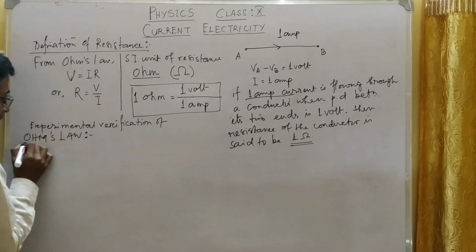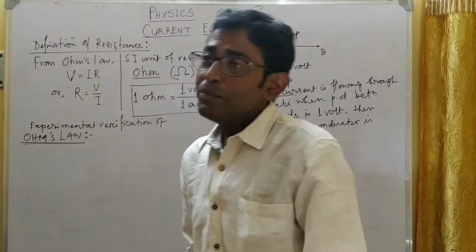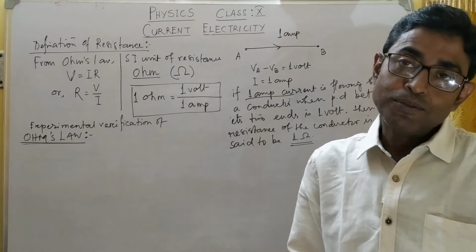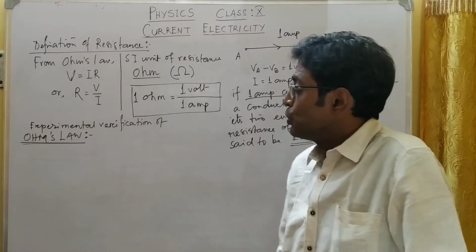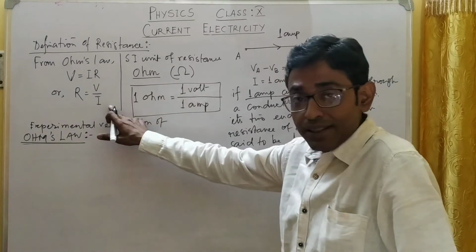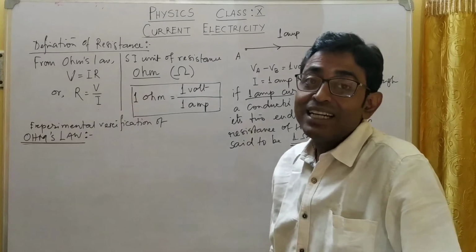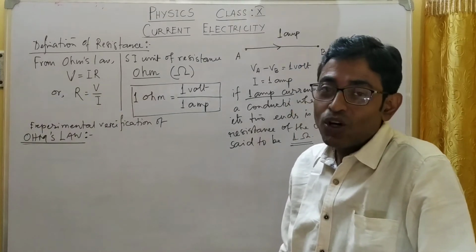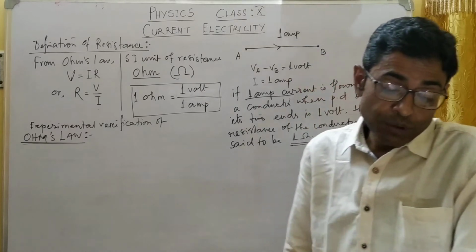In class 10 you should have done this in your practical class. So remember, in this experiment you have to connect an ammeter which will measure the current, a voltmeter that should measure the voltage, and a variable resistance or rheostat, or a resistance box, which nowadays we all frequently use.